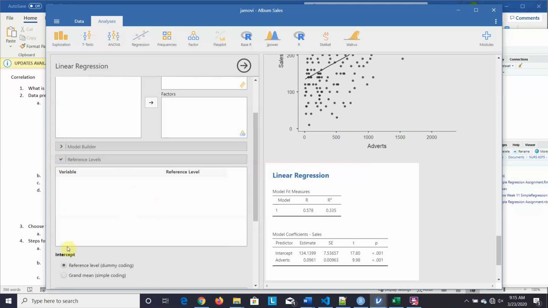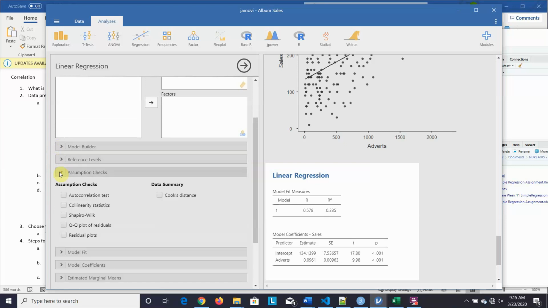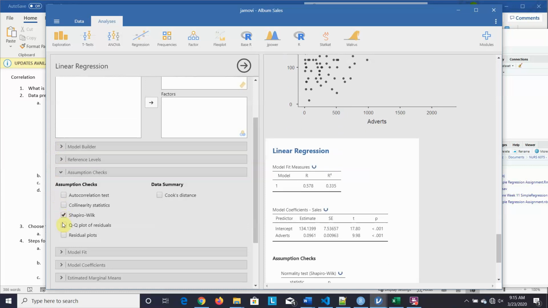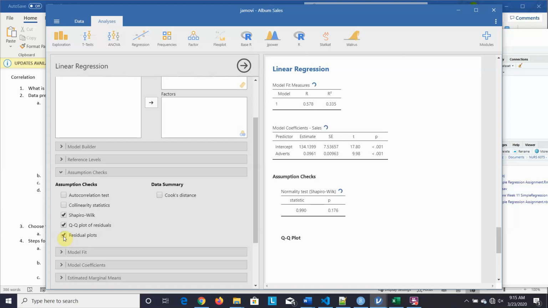Reference levels is when you are working with categorical variables, and we're not doing any of that this time, so we can bypass that. Assumption checks. Let's go ahead and get Shapiro-Wilk and look at these QQ plots and residual plots for some assumption checks.